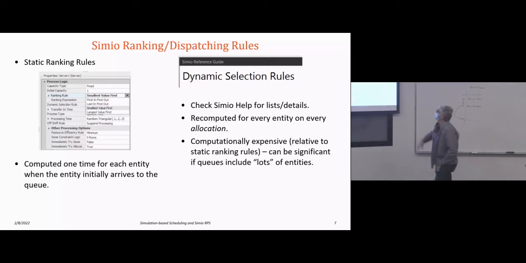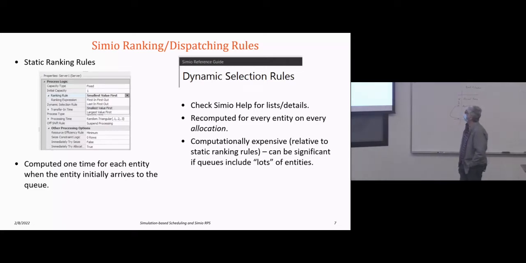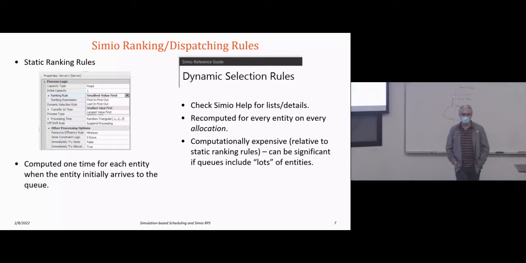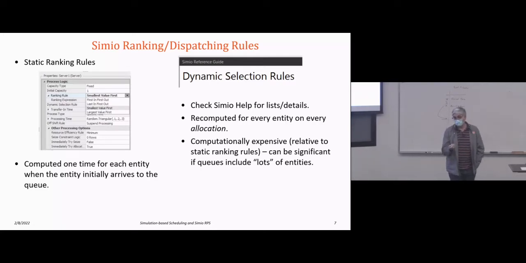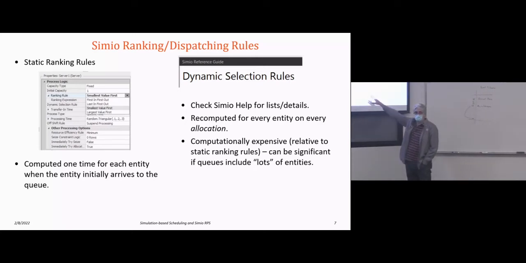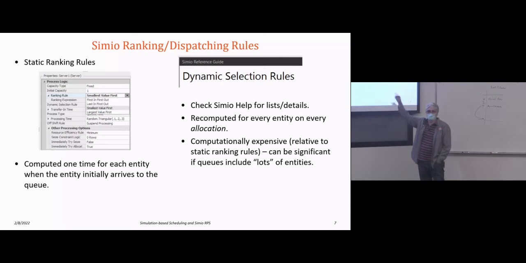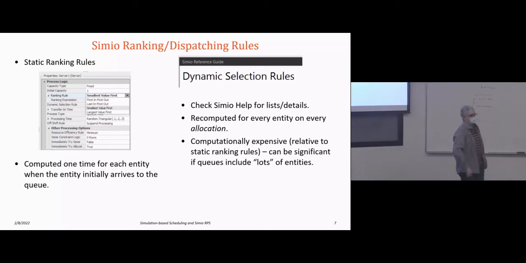Dynamic selection rules, and we just looked at the help for details, are recomputed for every entity on every allocation. So when an entity gets to a queue, it's just placed according to its ranking rule, but when you're reallocating capacity, you compute the value for every entity. And then when that entity finishes in our server case, and you reallocate, you compute for everything again. So the idea here is that it's computationally expensive, because for every entity on every allocation, you go through the computation.